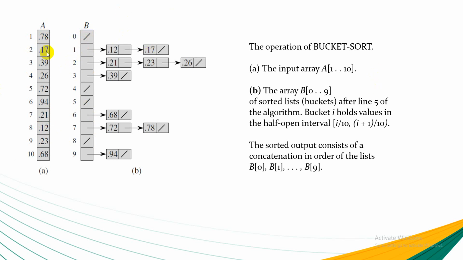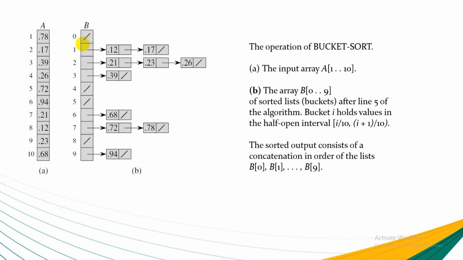And so all the elements in the first interval, from 0 to 1, we divide it into 10 intervals. The first interval will be from 0 to 0.1, but 0.1 not included.